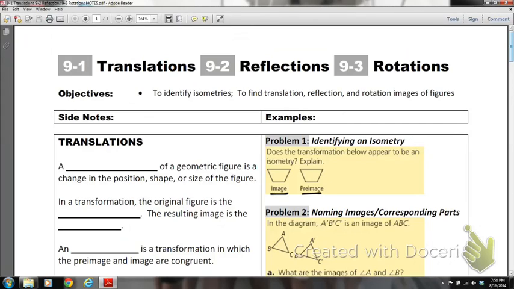Does the image figure look like it's congruent to the first figure, the preimage? So you look at corresponding sides, do they look congruent? You look at corresponding angles, do they appear to be congruent? And so the answer is yes, they appear to be congruent.